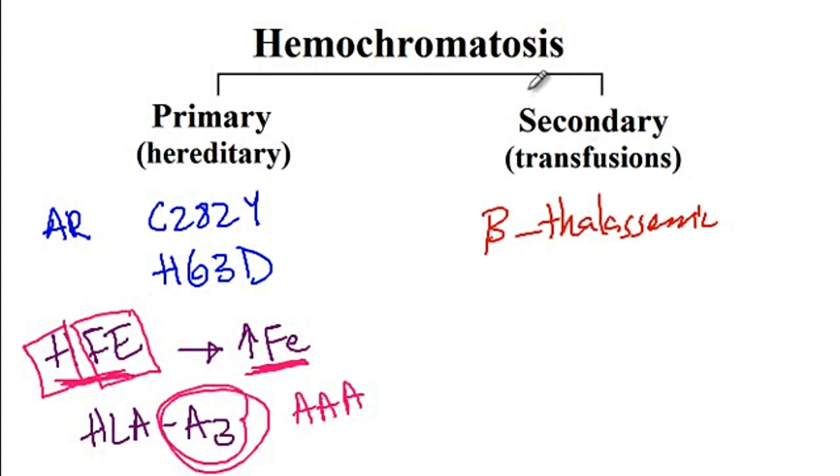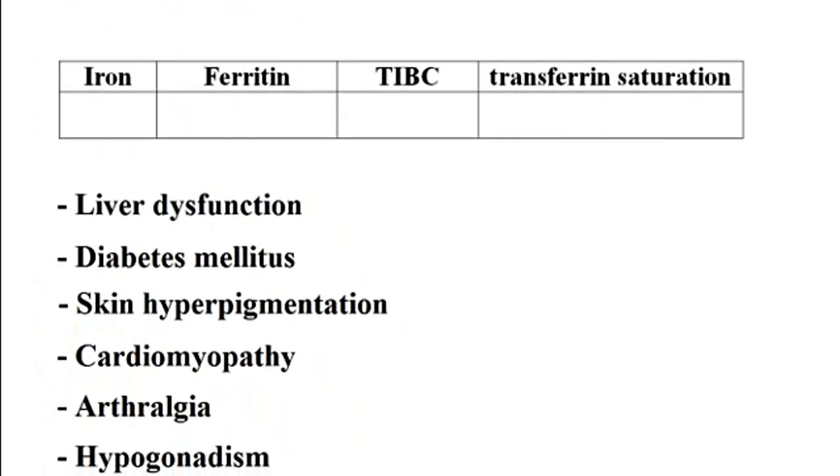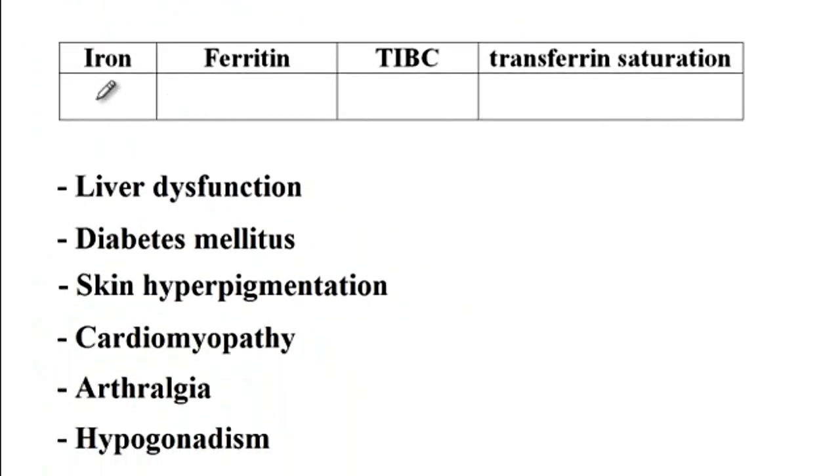secondary hemochromatosis. In terms of the lab values, since there is too much iron in the body, ferritin, which is responsible for the storage of iron, is also increased. But transferrin, which is responsible for transfer of iron to different parts of the body, is usually elevated in conditions where there is low iron.